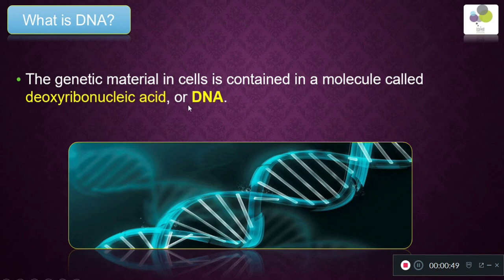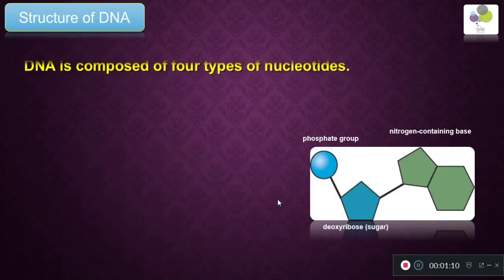D stands for deoxyribo, N stands for nucleic, and A stands for acid. As you know, DNA is the longest strand, a large molecule made up of smaller repeating molecules called nucleotides.